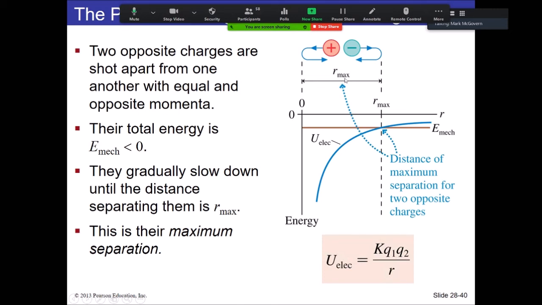Imagine they don't have to be shot apart from each other; you can just have them at fixed distances and let them go. But same deal here: if they're attracted to each other, you can shoot them away from each other and they'll reach a maximum distance, which determines the mechanical energy, because at that point, everything is potential energy.